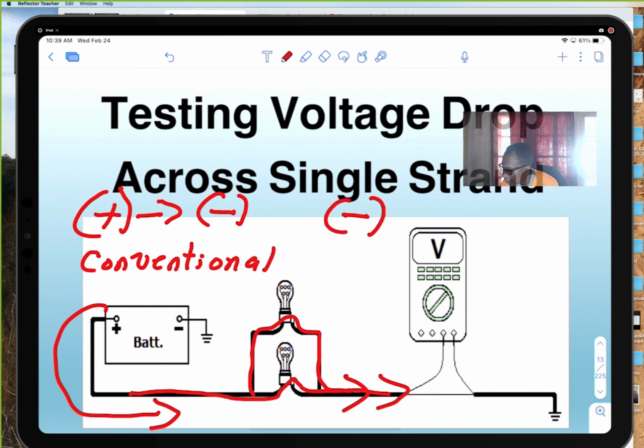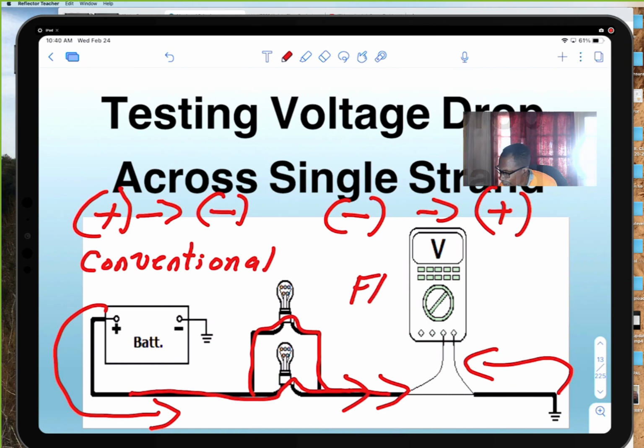Negative to positive, which is this way, it's called, anybody remember? Hint. So this is conventional.